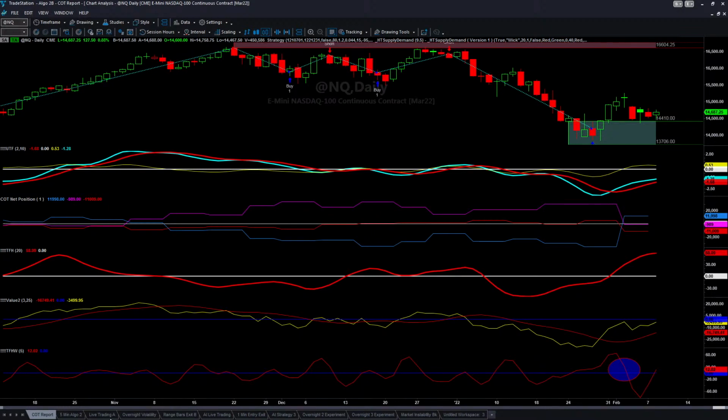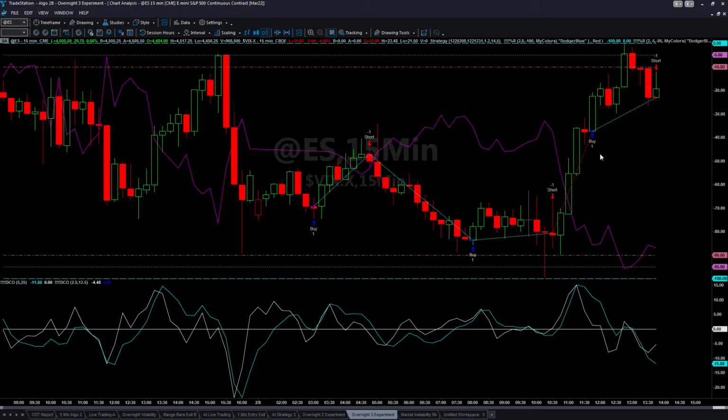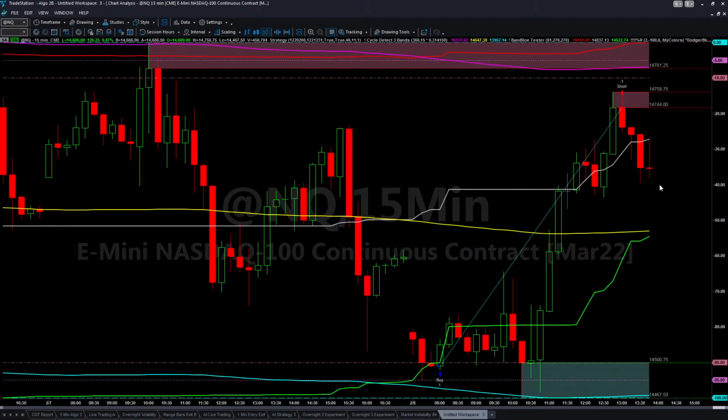Oh, sorry. We're out of consolidation right now. So we're out of consolidation, so I'm just going to put this... That caught the... no, that's the ES right there. Sorry. Here's where we're at.